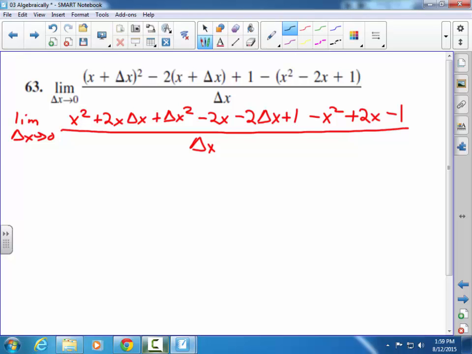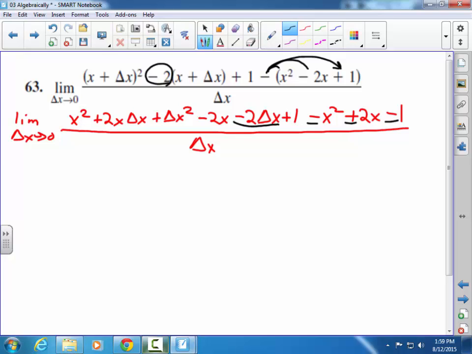Yes, ma'am? Yes. Couple of things that people often forget to do. When you're distributing here, you're distributing a -2, so sometimes students will miss the sign on this delta x back here, the -2 delta x. You're also distributing a minus sign to the last 3 terms, so oftentimes people will miss some of these 3 signs here. So those 4 sign mistakes are what people will oftentimes make when working a problem like this.